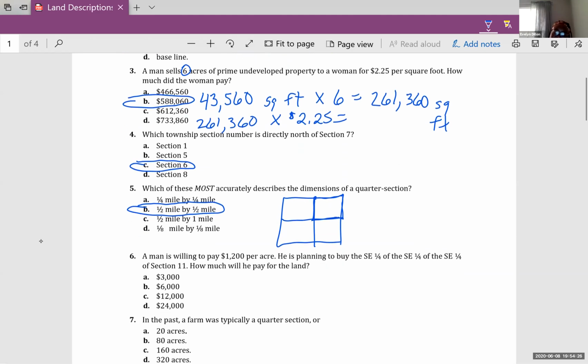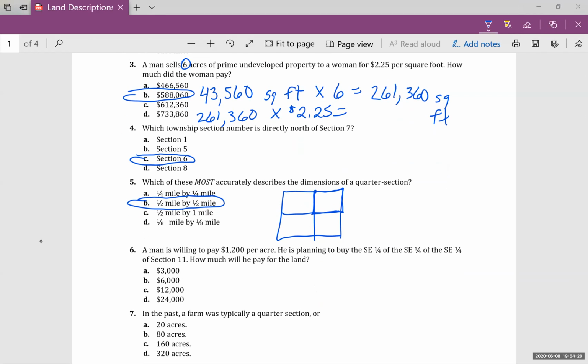All right. Number 6, a man is willing to pay $1,200 per acre. He is planning to buy the southeast 1/4 of the southeast 1/4 of the southeast 1/4 of section 11. So how much will he pay for the land? I said C, 12,000. So how many acres is it?